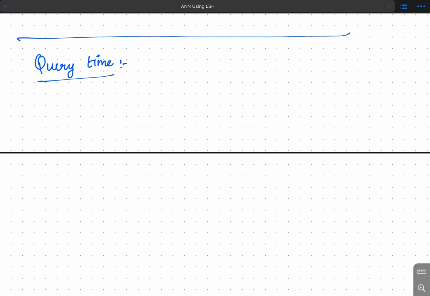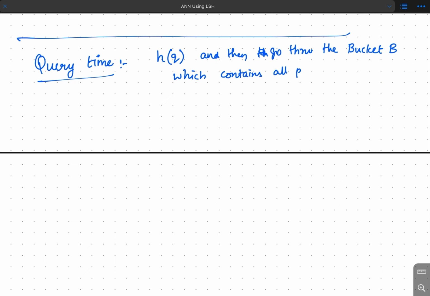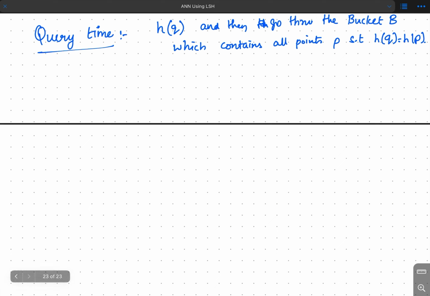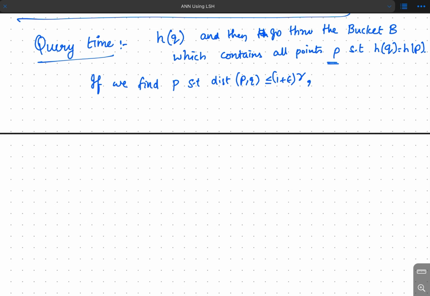If you remember the process, for a query Q we first compute h of Q, and then we go through the bucket B which contains all points P such that h of Q equals h of P. As noted earlier, if we find a P such that the distance of P comma Q is at most 1 plus epsilon times r, then we return. We don't even need to go through the remaining list.